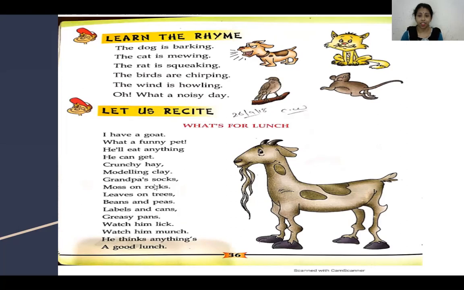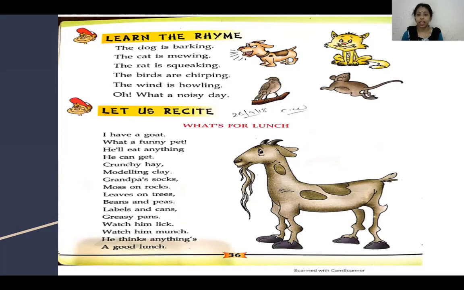Moss on rocks. Moss means fungus that we can sometimes find on the surface of rock or soil. Leaves on trees, beans and peas. He eats any vegetables and the leaves of the trees. He also eats labels, cans and oily pans. Greasy means oily.